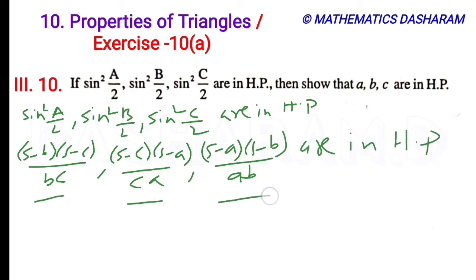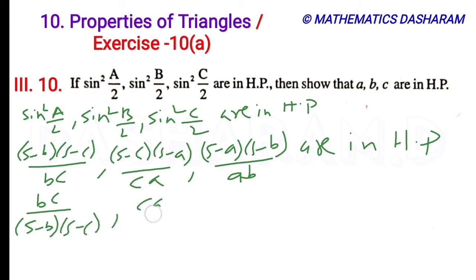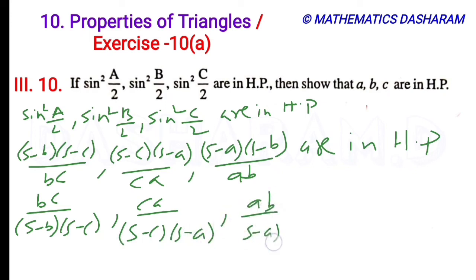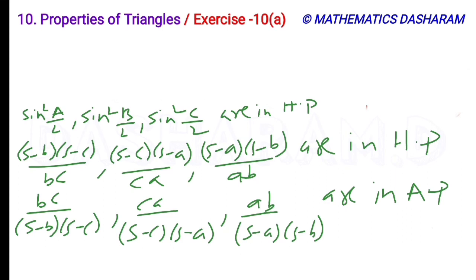If these three terms are in harmonic progression, their reciprocals will be in arithmetic progression. What is the reciprocal here? bc by s minus b into s minus c, ca by s minus c into s minus a, ab by s minus a into s minus b are in arithmetic progression. If these three are in arithmetic progression, they will have a common difference.